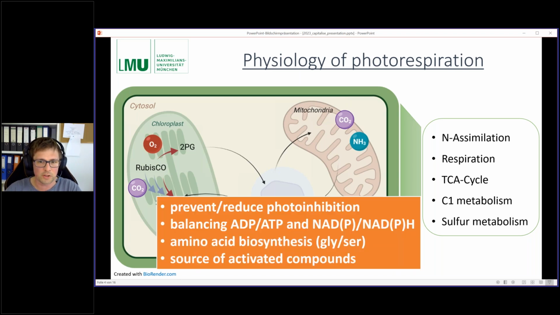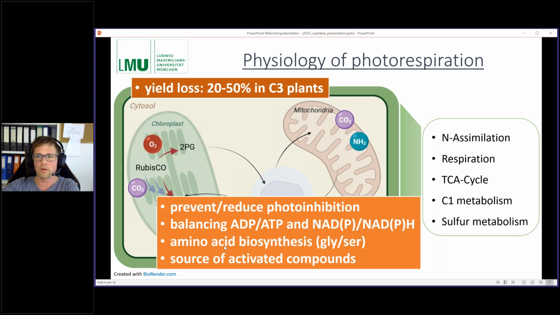And the physiology behind this pathway is, and I just named some of the important functions here, sought to prevent and reduce photoinhibition, to balance ADP, ATP, and NADP to NADPH, NAD to NADH ratios, but also to biosynthesize amino acids, for example, glycine and serine, and to serve as a source of activated compounds.